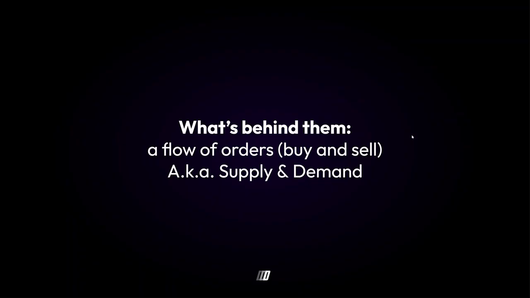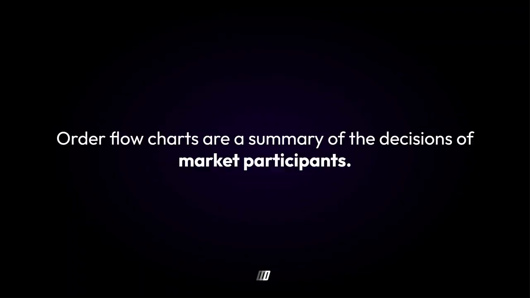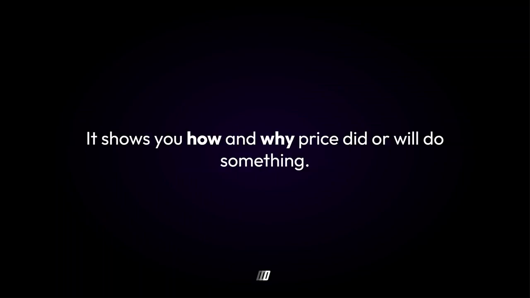So what is behind these tools? Well, a flow of orders, buy and sell orders, aka supply and demand. An order flow chart is a summary of the decisions of market participants. It shows you how and why price did or will do something.